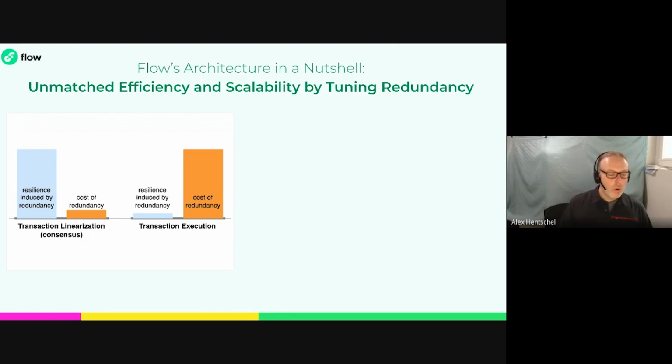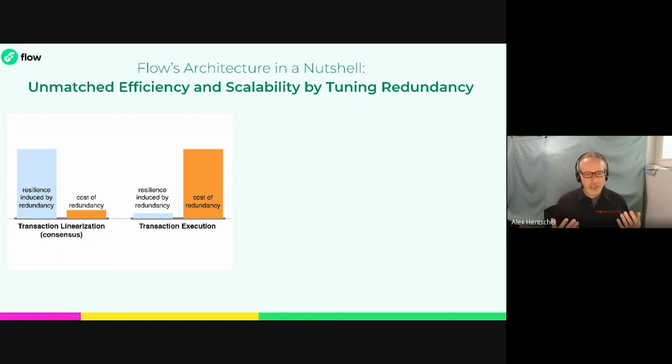And more importantly, the benefits we get out of it are relatively limited in the pipeline architecture, because as we said earlier, the execution nodes essentially do nothing else than dumb execution. They don't decide anything. If they decide to go malicious, the only thing they can do is essentially publish a wrong result, which will be rejected, or publish no result.